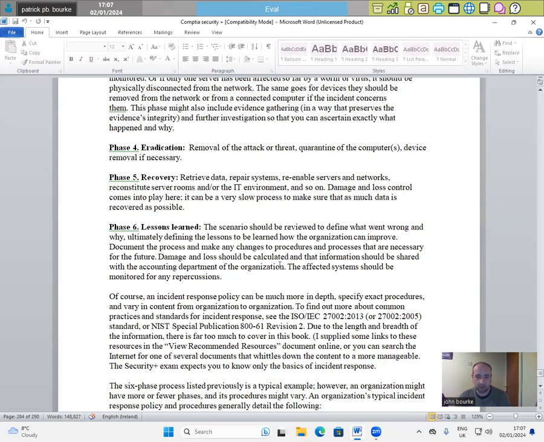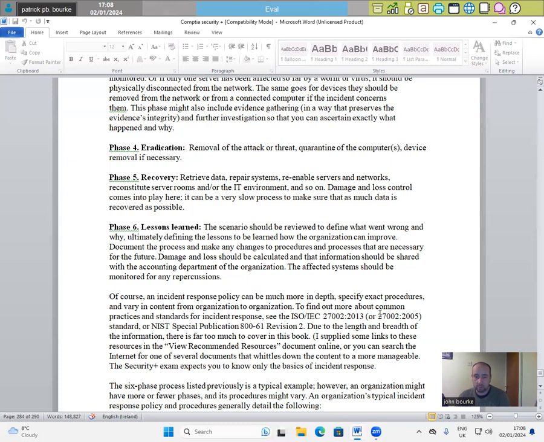Damage and loss should be calculated, and that information should be shared with the accounting department of the organization. The affected systems should be monitored for any repercussions. Of course, an incident response policy can be much more in-depth, specify exact procedures, and vary in content from organization to organization.